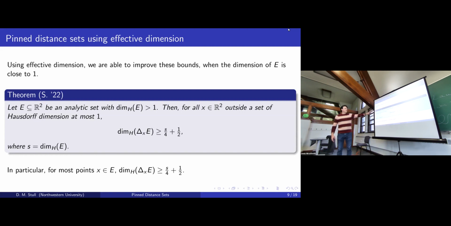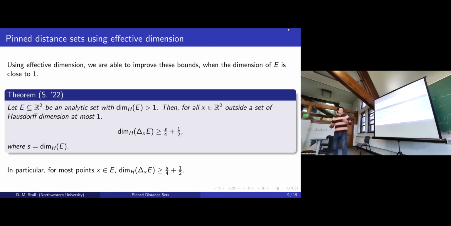in July is that if E is an analytic set in the plane, and the Hausdorff dimension of this set is strictly greater than 1, then for all points outside a set of Hausdorff dimension at most 1, the pinned distance set of E with respect to x is at least the dimension of the set E divided by 4 plus 1/2.